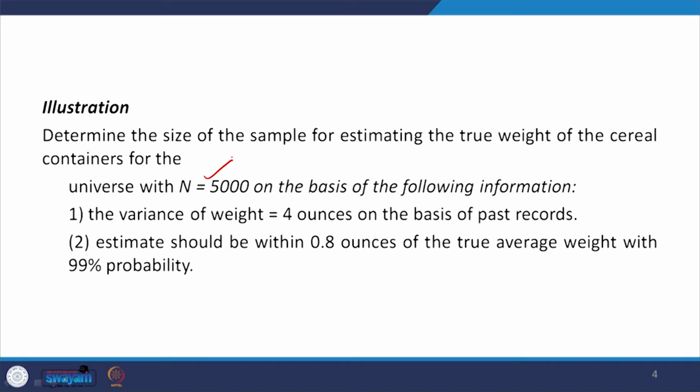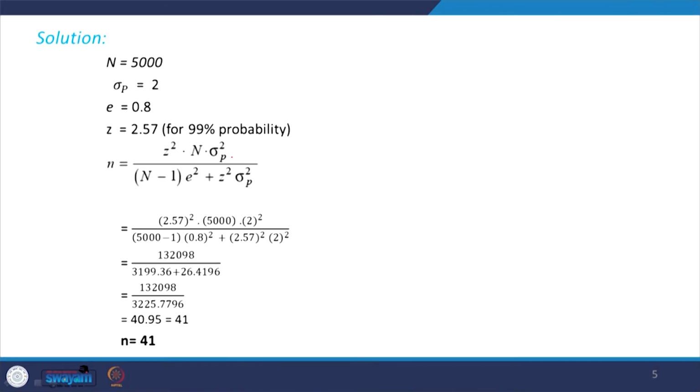If that is the case, with that, if you apply the formula, you will get 41 as the sample size, which we have already discussed in the last lecture.